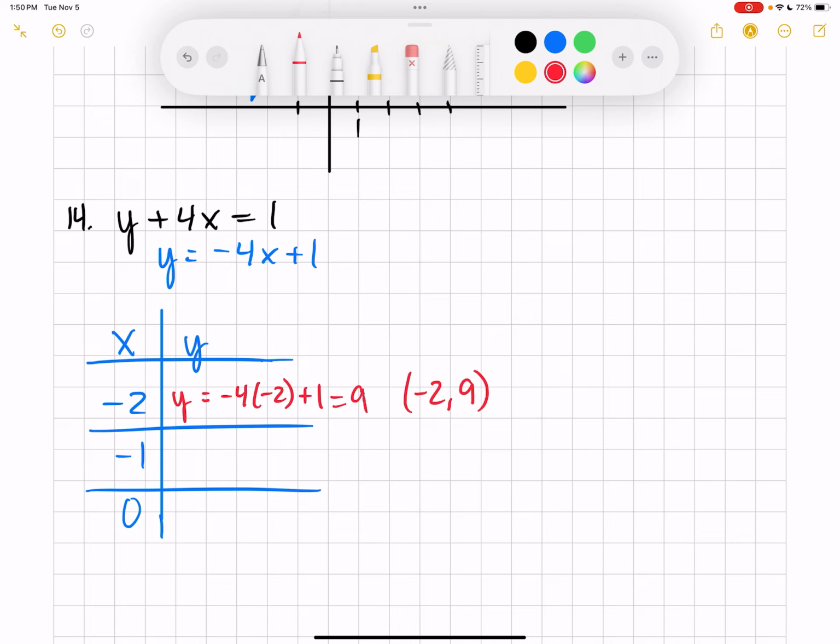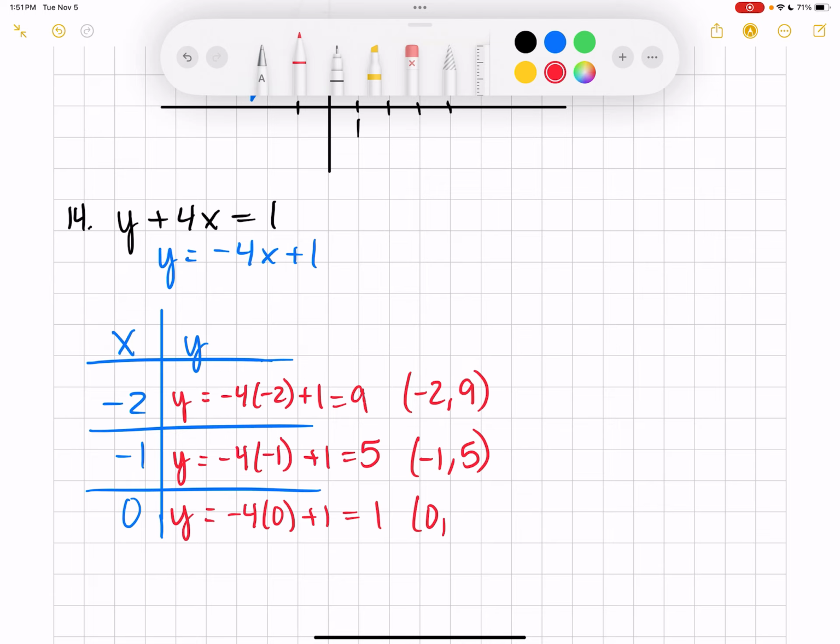Plug in -1 for x. y equals -4 times -1 plus 1. -4 times -1 is +4, plus 1 is 5. So this point is at -1, 5. Plug in 0. y equals -4 times 0 plus 1. -4 times 0 is 0, plus 1 is 1. So this point is at 0, 1.